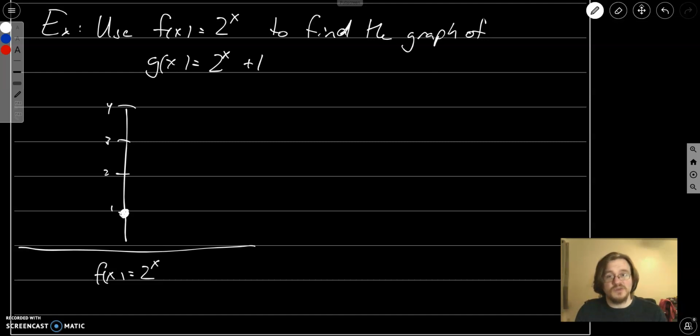An exponential function will always cross through this point as long as it hasn't been shifted. So then at 1, 2 to the first power is 2, 2 to the second power is 4, 2 to the negative first power is going to be 1 over 2, so it's a half, and then 1 over 4, so we've got our exponential function.